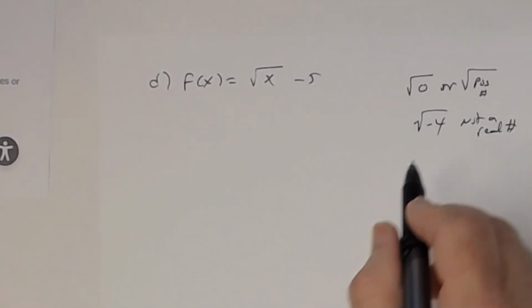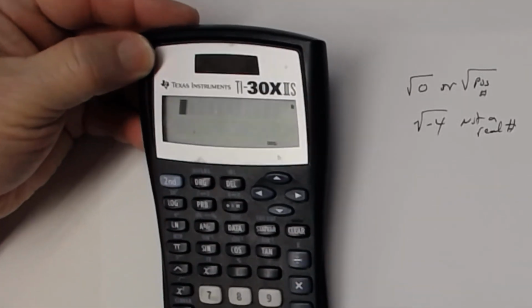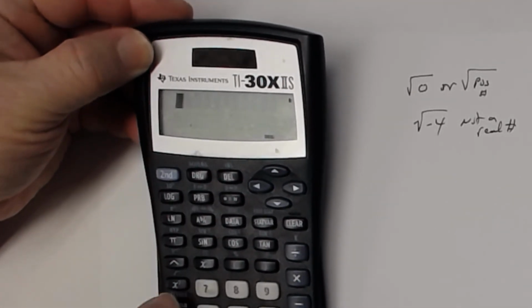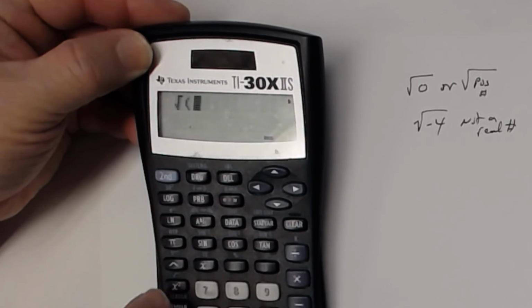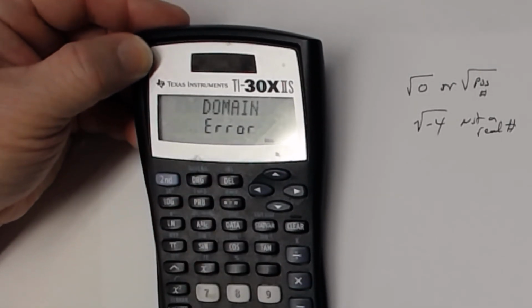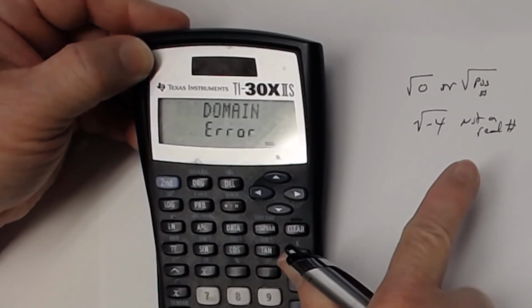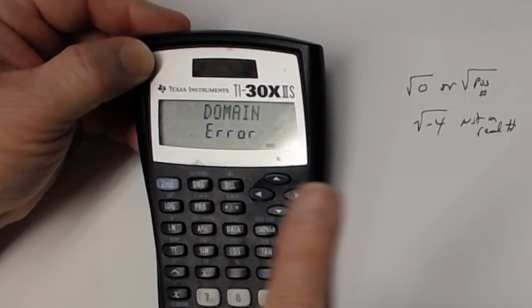Let me see if I can find my calculator. So if you take your calculator and you actually take the square root of a negative number, like negative 4, notice you'll say domain error. All right, so you can't take the square root of a negative number and get a real number. Now, you learned something in the past.